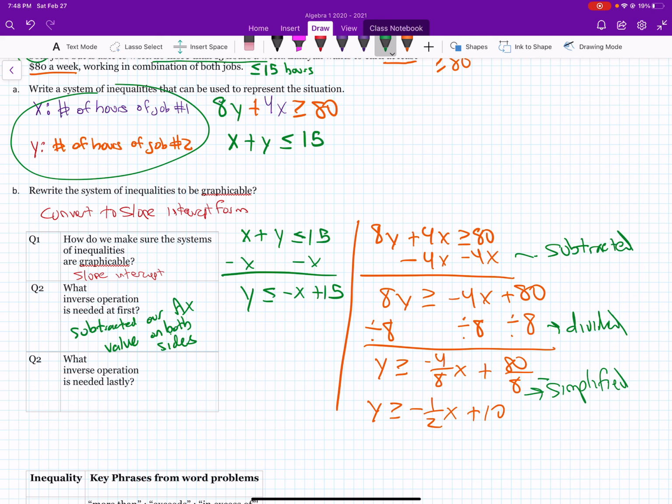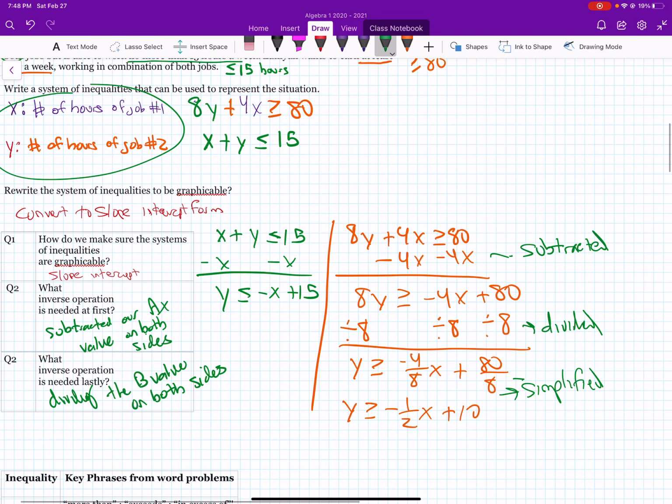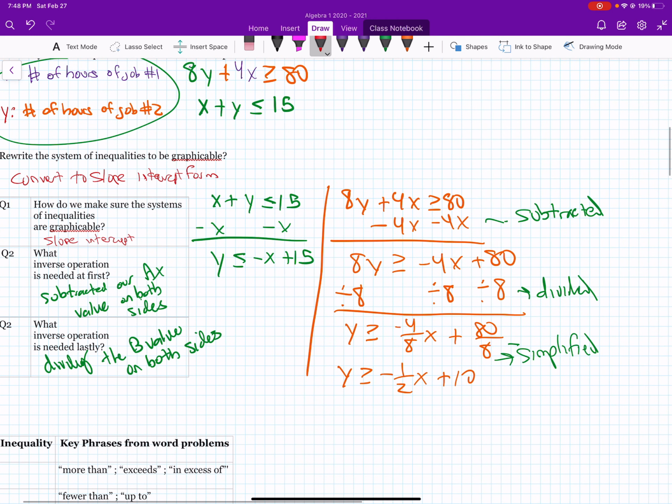What operation was needed lastly? Dividing the b value on both sides. Putting this all together as one system, we get y is less than or equal to negative x plus 15, and y is greater than or equal to negative 1/2 x plus 10.